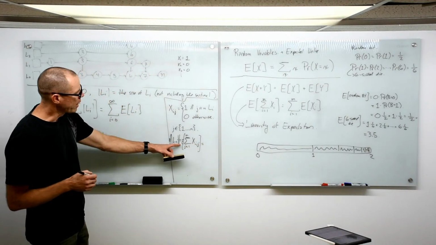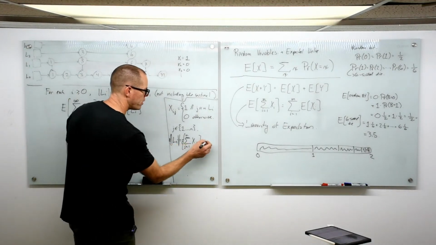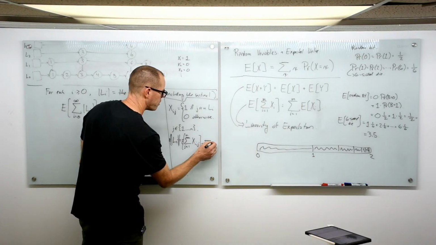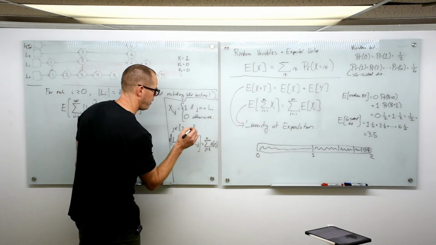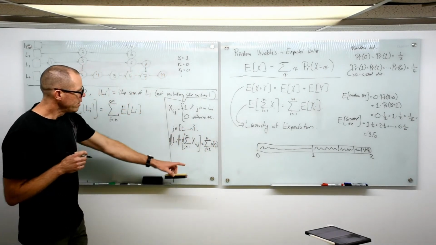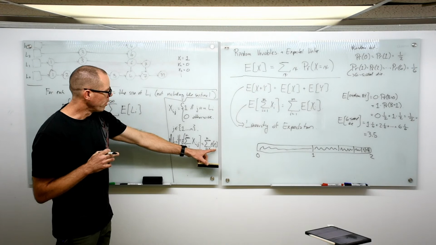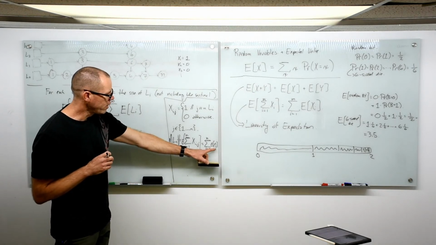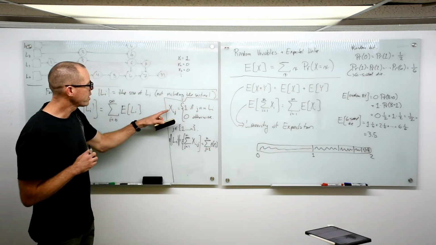And if we have an expected value of a sum, we should always take the sum of expected values, j equals 1 up to n. So now I'm down to a really simple thing. I need to know the expected value of xij.